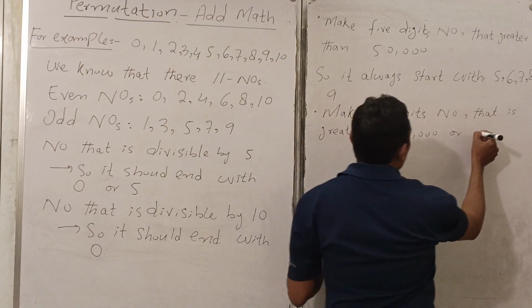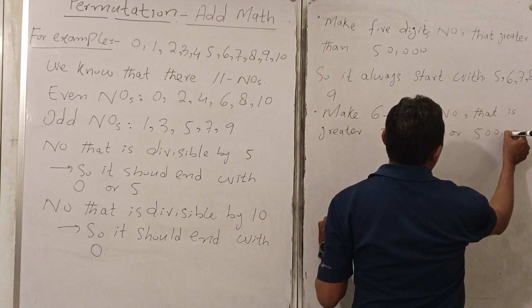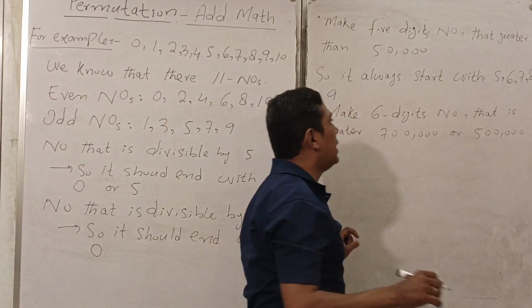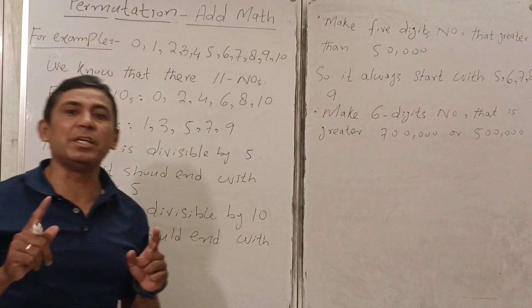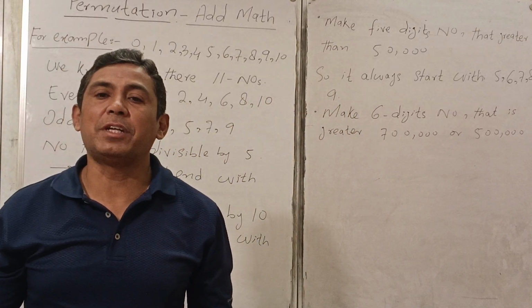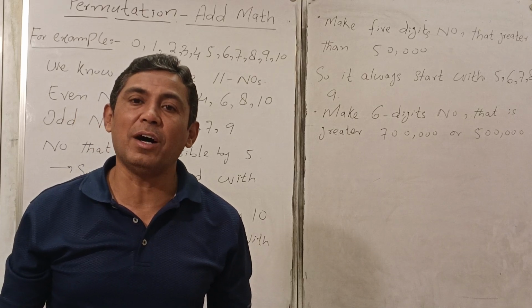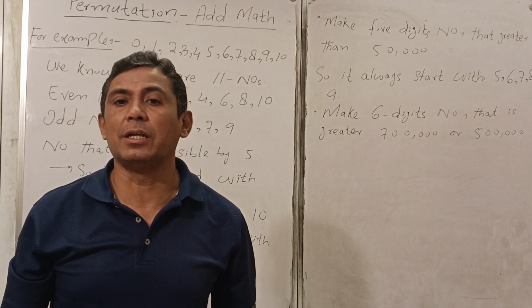Or 5 lakh? It won't be greater than 50,000 because 50,000 is not itself a 6-digit number.